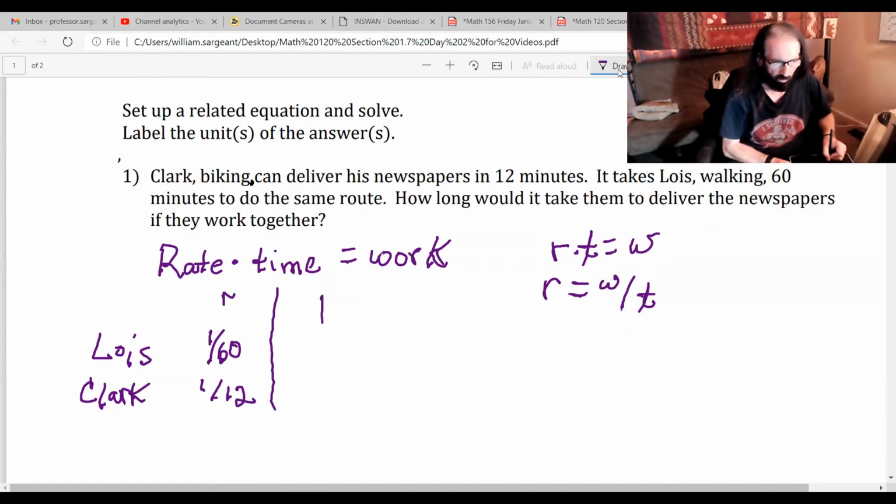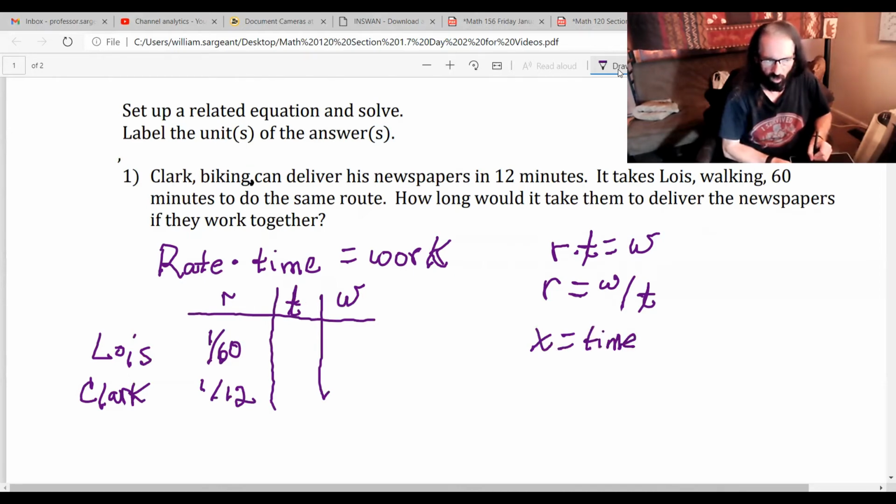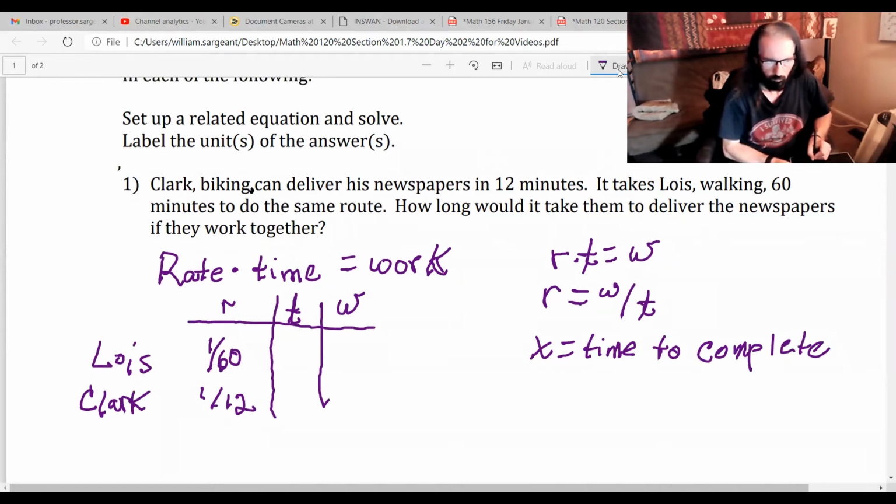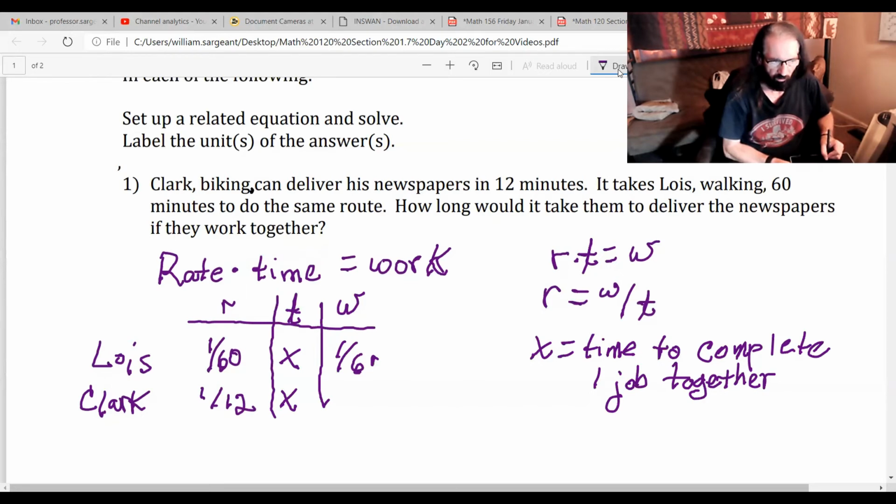We're asked how long it takes them to work together to get the same job done. So if we call X time to complete one job together, fill that in for both, and multiply straight across each row. 1/60th times X, or X over 60.